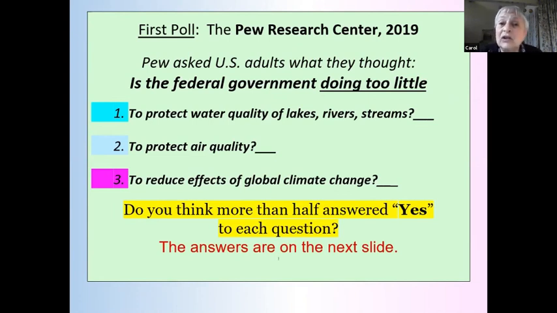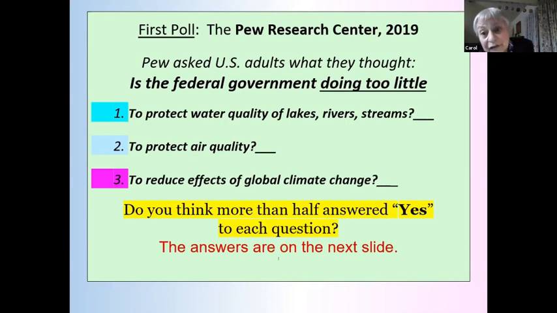asked US adults if they thought the federal government was doing too little to protect water quality of streams and rivers and lakes. And I have a feeling if people were living in Toledo and had gone without being able to use water for several days, they would have an opinion about this. Or is the federal government doing too little to protect air quality?